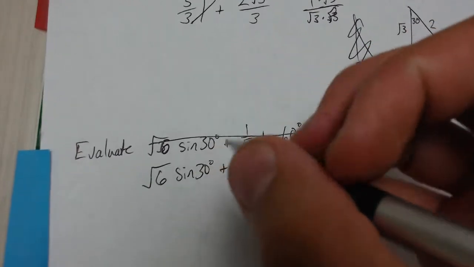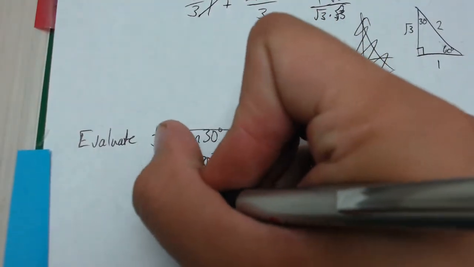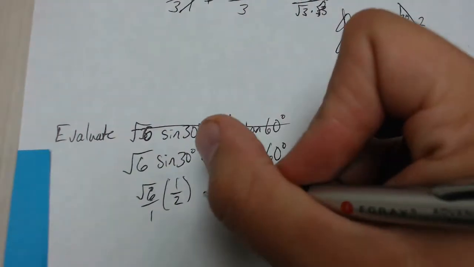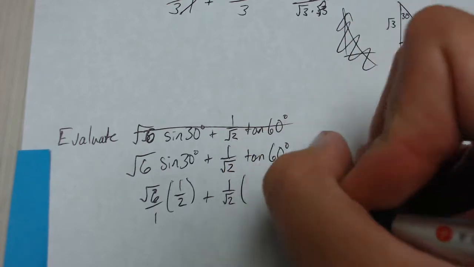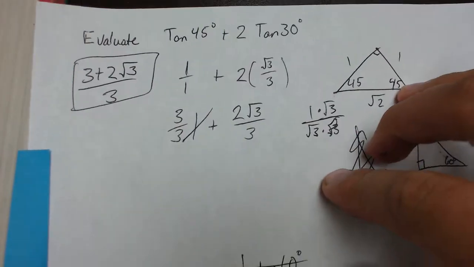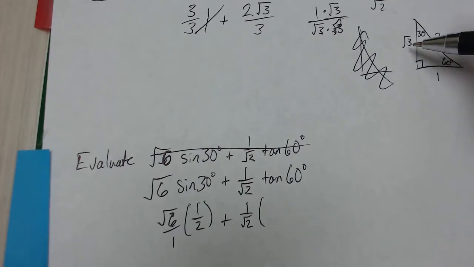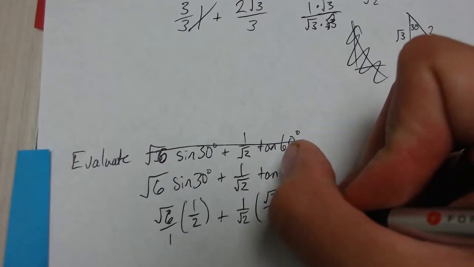So sine of 30 can be rewritten as 1/2 times the square root of 6. And then we're going to add that to 1 over root 2 times the tangent of 60, which for 60 we take the opposite over the adjacent. So that's going to be root 3 over 1.